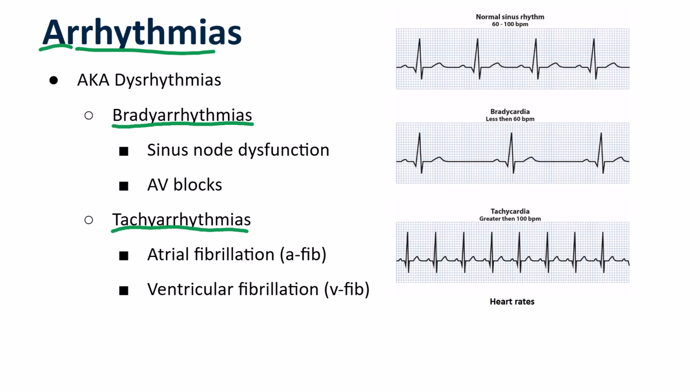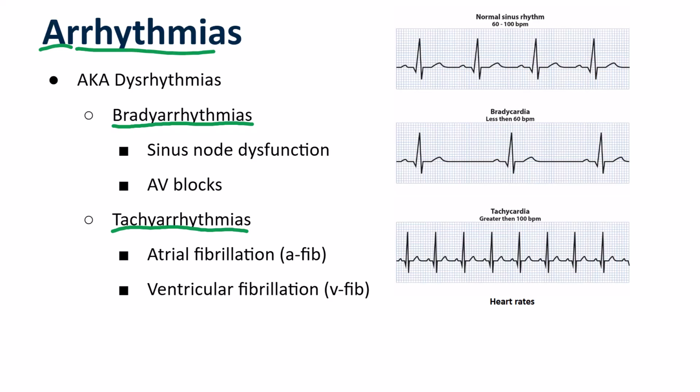So of the bradyarrhythmias, so sinus node dysfunction, anything where the SA node is running slower than typical. There are also various degrees of atrioventricular blocks whereby the signal either is being slowed or even stopped through the AV node and bundle branches.